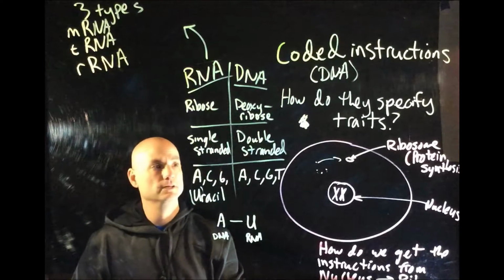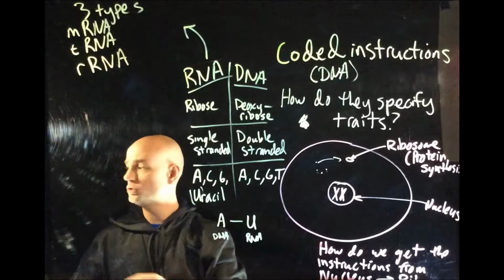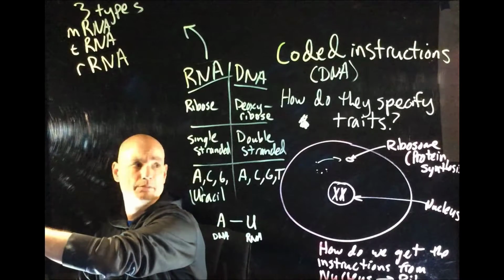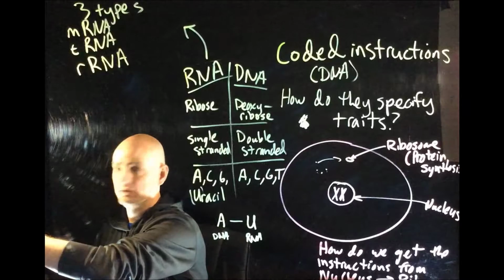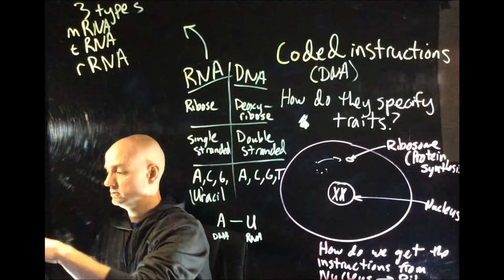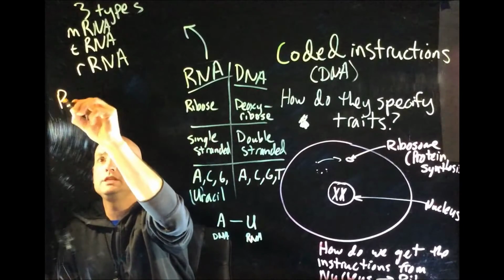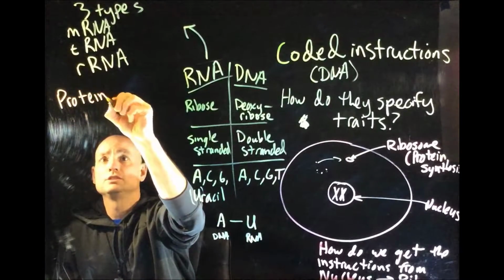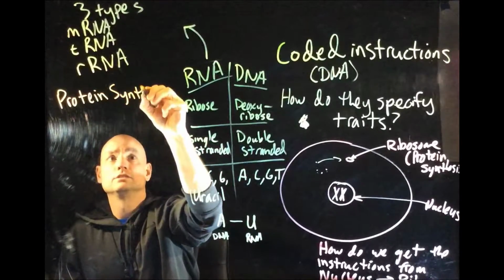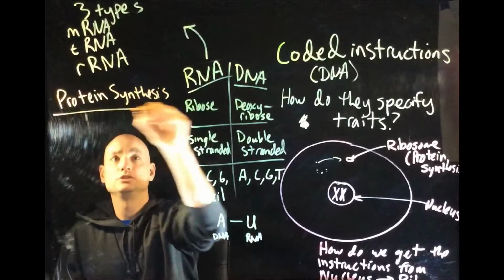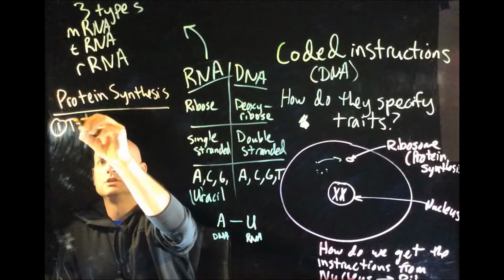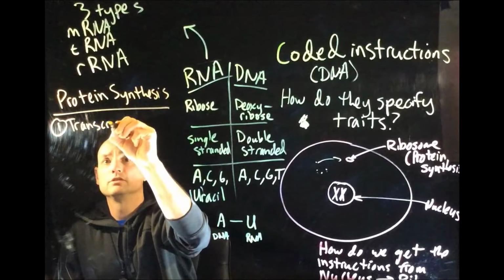Okay. So I'm just going to give you a quick little rundown of what happens in here. Go with orange. There are basically two steps. So protein synthesis has two steps. Step one is called transcription.